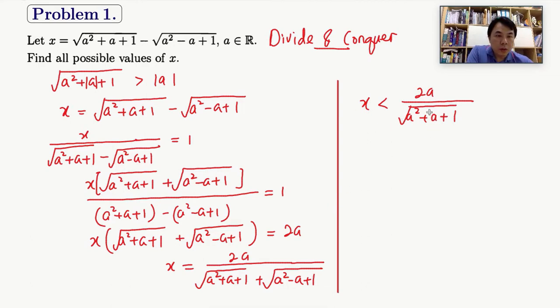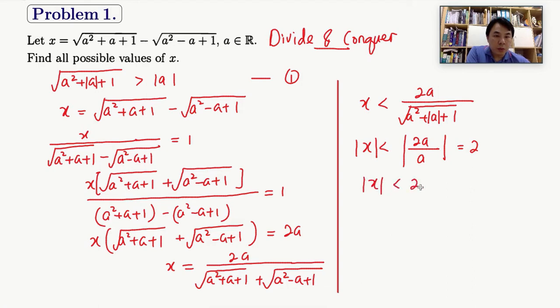Of course, in this case, we can make an assumption this is a modulus here. Right, so it must be less than this. And then we know that the square root of this expression, which is given in equation number 1, is always greater than the modulus of a. Since it's greater than modulus of a, then we can further deduce that the modulus of x must be the same as the modulus of this expression, which is actually a 2.